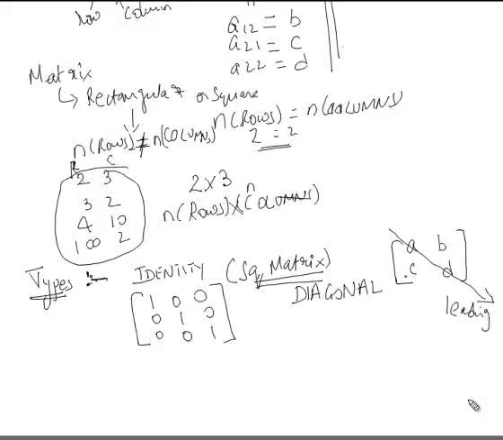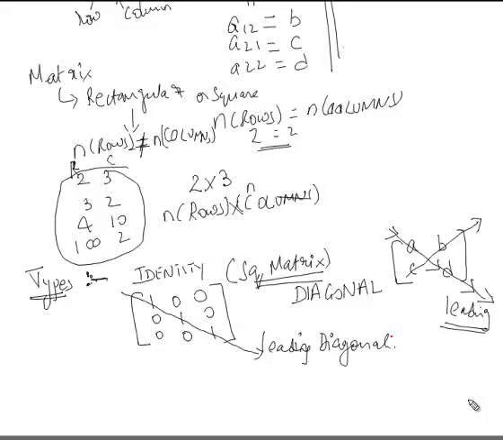This is another diagonal, correct? These two lines are two diagonals, and this line in particular, where I am marking now, is called the leading diagonal.